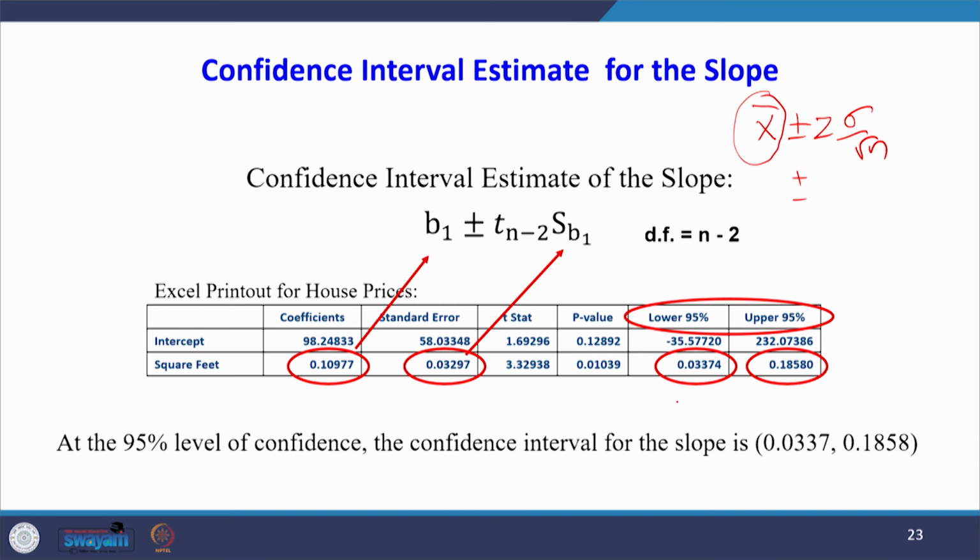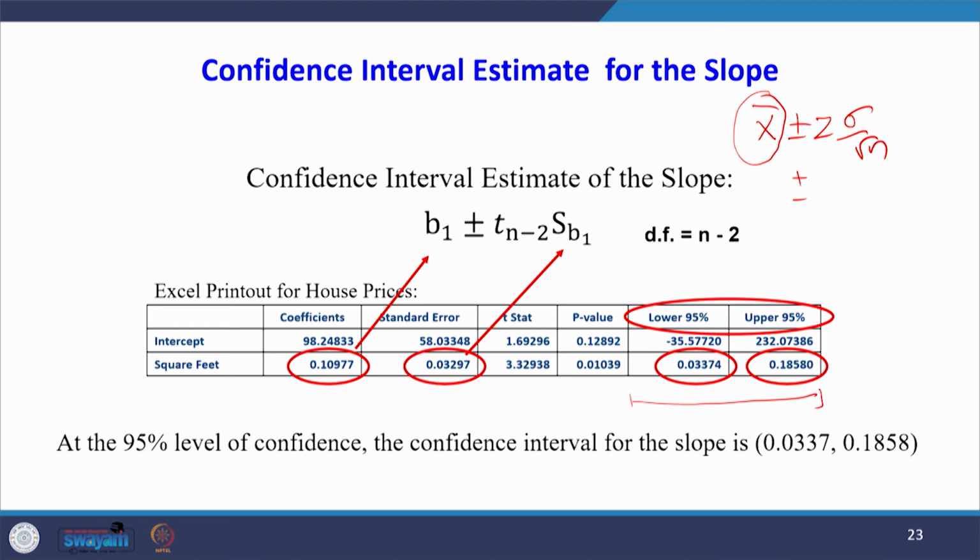Here we got the lower limit after calculating the plus minus value, the lower value is 0.03 and the upper value is 0.18. This t of n minus 2 we can get from the statistical table or with the help of Excel, but here Excel itself provides the confidence interval estimate for the slope.